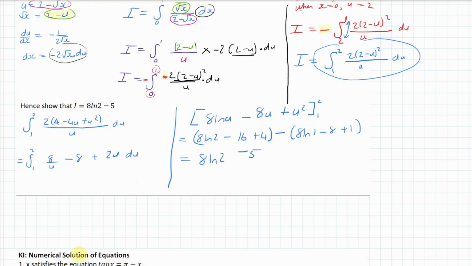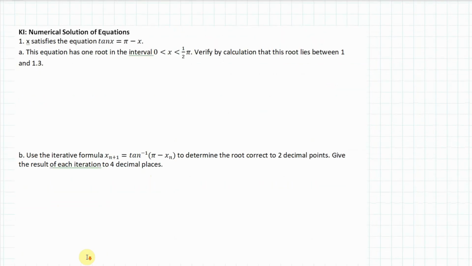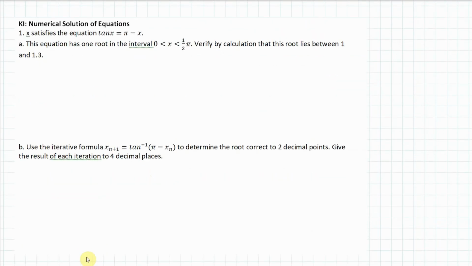That was pretty good. Well, the next one, we know that x satisfies the equation tan x equals pi minus x, and we know that there's a root between 0 and half pi. So I'm going to rewrite the equation as tan x plus x minus pi is equal to 0, and then when x equals 1, tan x plus x minus pi, what does that equal?